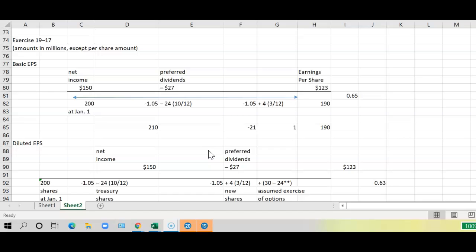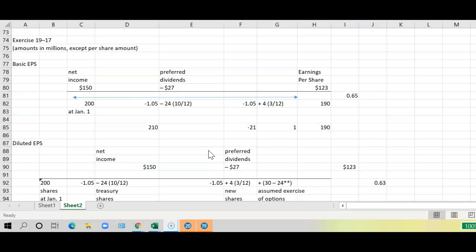So let's look at exercise 17. This is a variation of 19-16. On December 31st, 2020, Berklayer Inc. had 200 million shares of common stock and 3 million shares of 9% $100 par value cumulative preferred stock issued and outstanding.